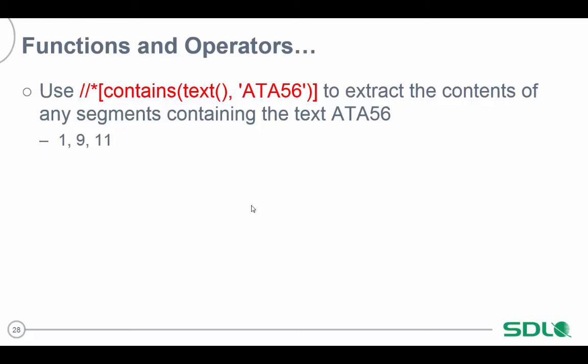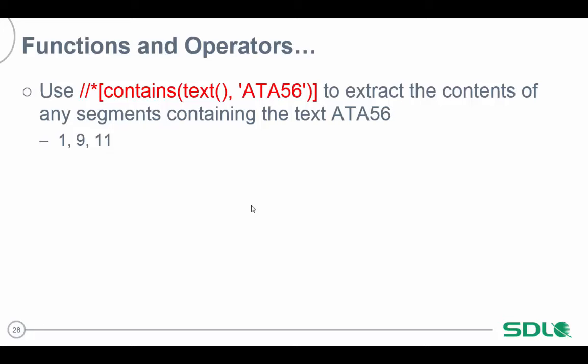This allows me to extract the contents of any segments that contain the text I'm looking for. In this case, I'm looking in that file for anything that contains the text ATA56. Now there are 3 segments in my XML file that fit that criteria, segment 1, segment 9, segment 11. So let's just look at those quickly.